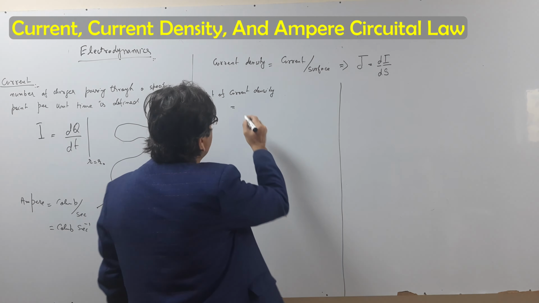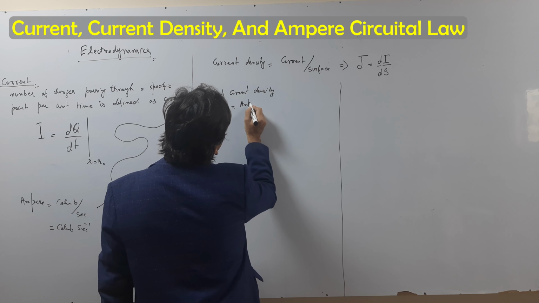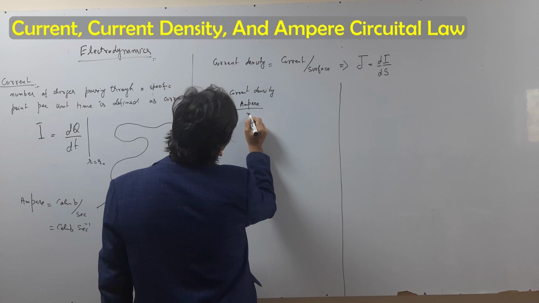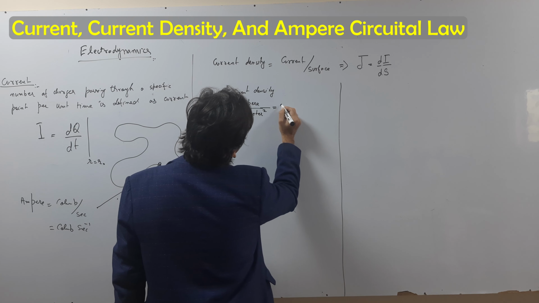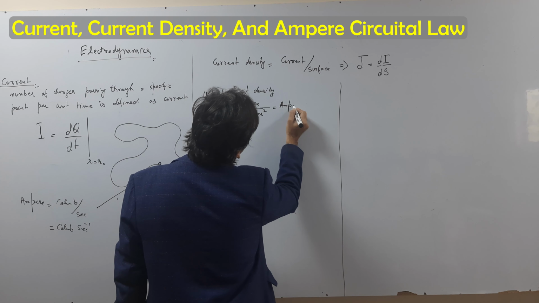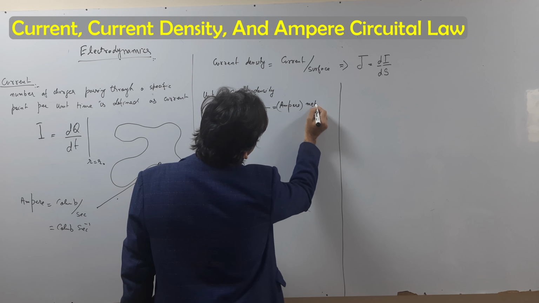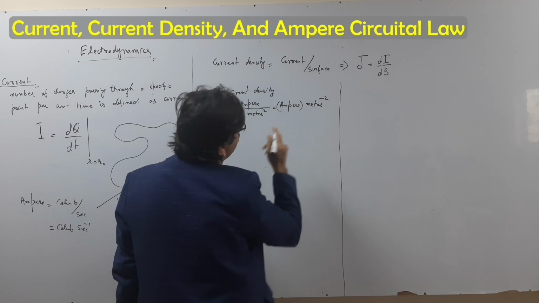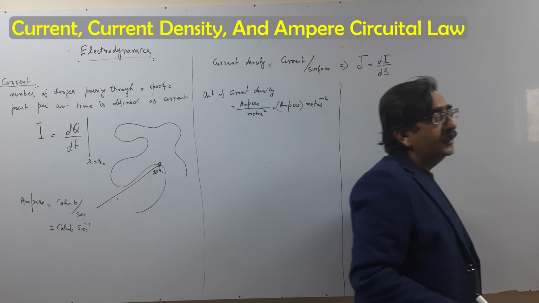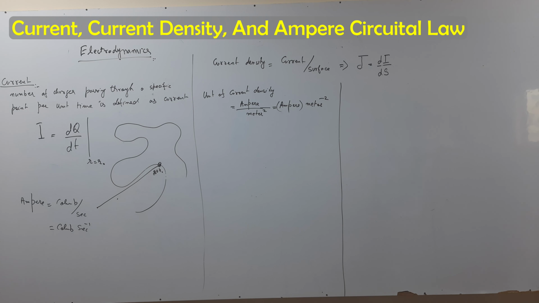So ampere per meter square. Okay, so this is the unit of the current density.